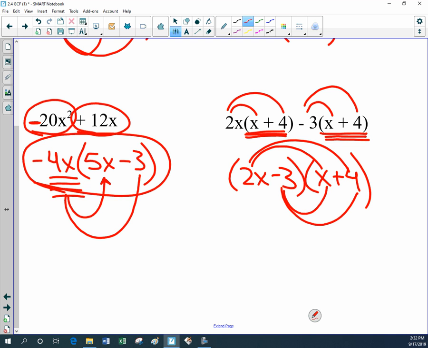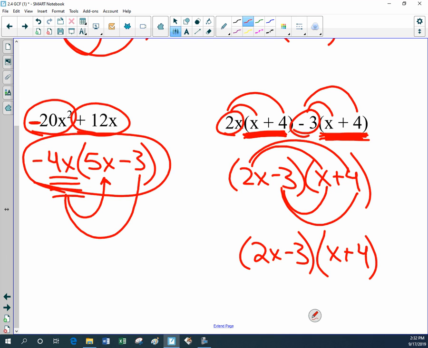We take what's in front of the parentheses and group those two together, and then we take what's inside the parentheses that they both have in common. The only way this works is if what's inside the parentheses is exactly the same. So we'd have 2x minus 3 and x plus 4 inside the two sets of parentheses.